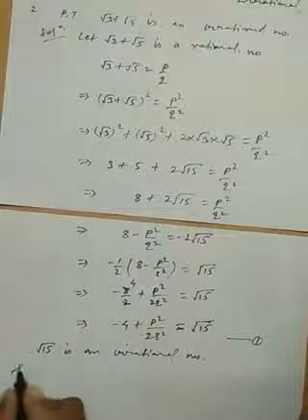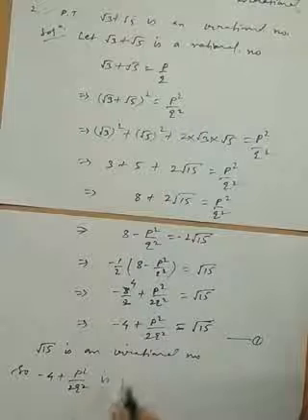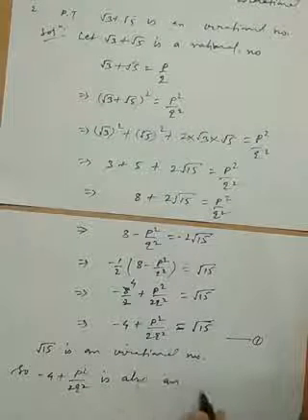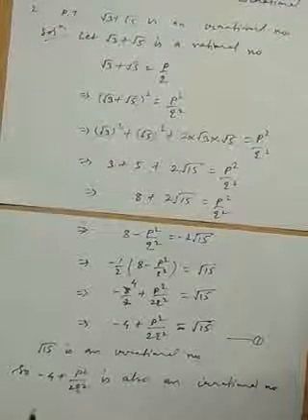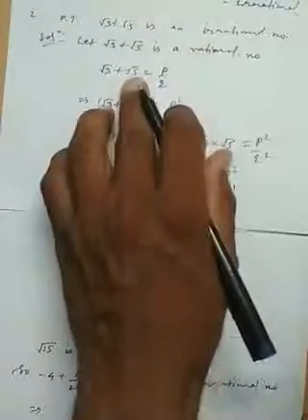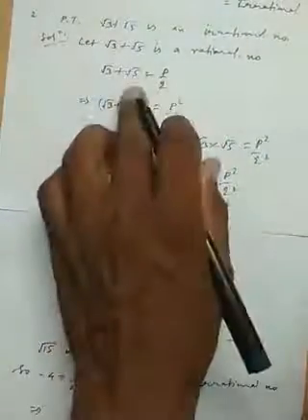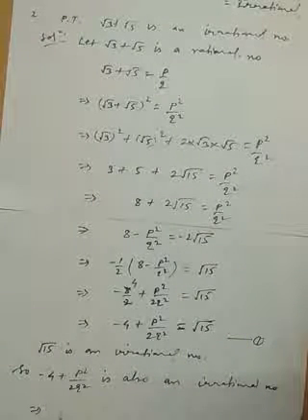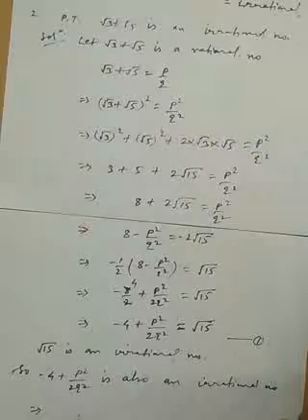So −4 + p²/2q² is also an irrational number. And this term is equivalent to our question, √3 + √5, because we are generating this term from √3 + √5. So √3 + √5 is also an irrational number, but we assumed it's rational.